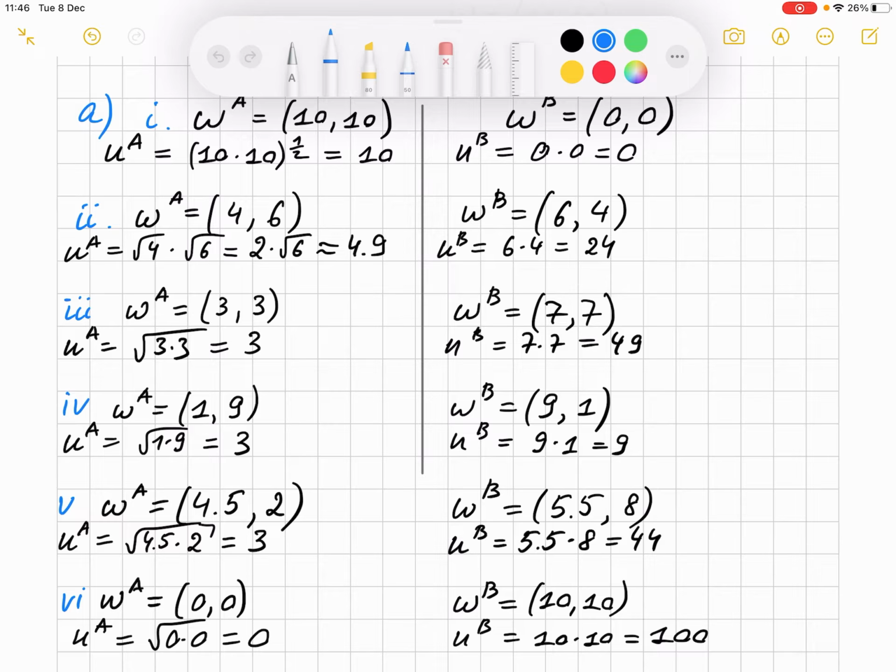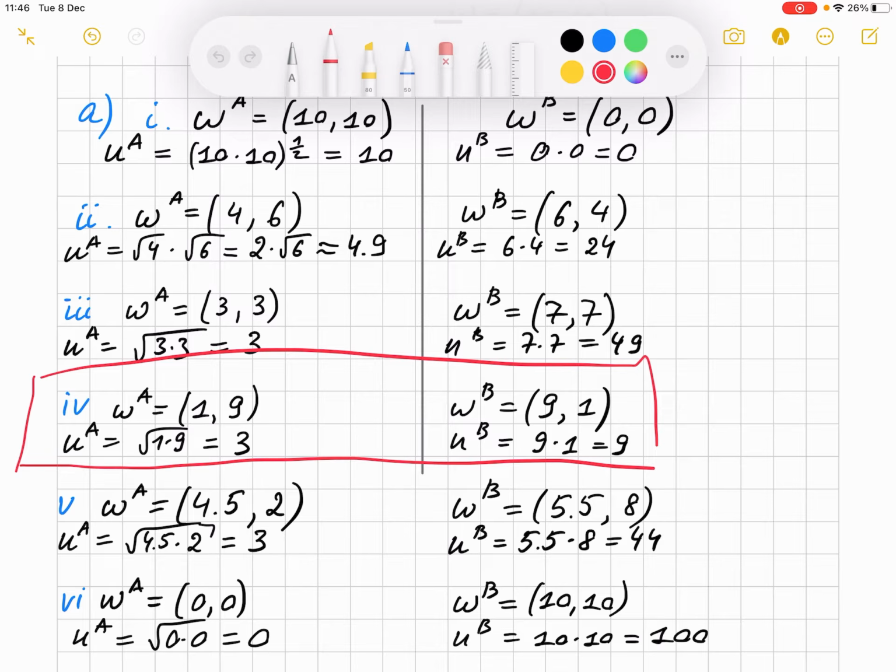And so let's take a look. What we see here is that in case 4, agent A has utility 3 and agent B has utility 9, but when we compare it with case 3, we see that agent A has the same utility as in case 3, but agent B has a lower utility level.